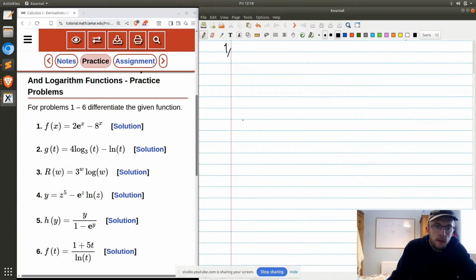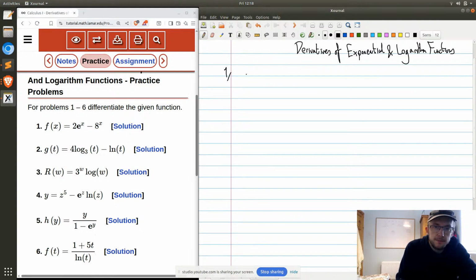Okay, what's the derivative of this? d by dx of e to the x is e to the x, and d by dx of a to the x is a to the x ln a. So we use those standard results, and we try.